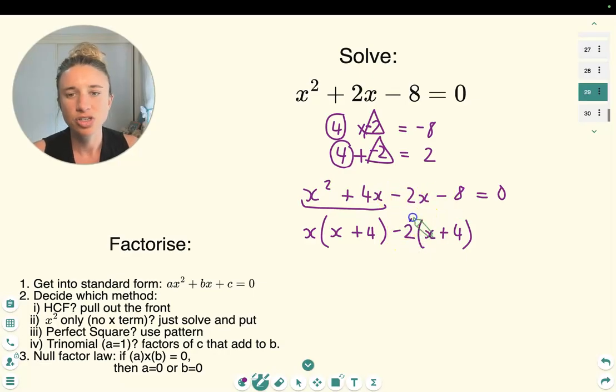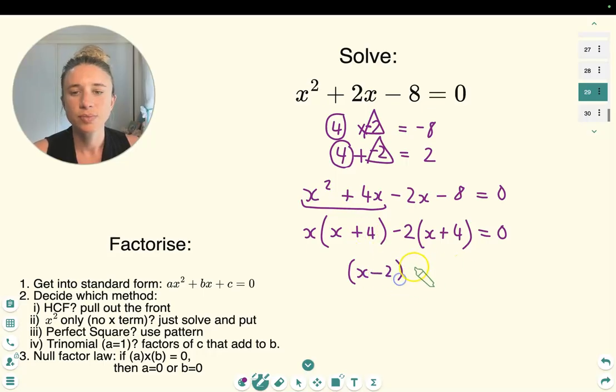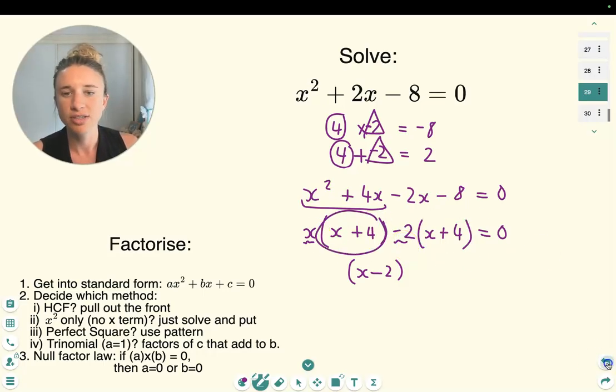So if you're confused, just expand it, see if you get what you need to, okay? And then you're going to do x take 2, right? So whatever's outside of these brackets is going to go in a bracket, and this bracket is a common factor. So that's going to be x plus 4 equals 0. And then you've got, okay, 2 brackets equaling 0. That means the null factor law.